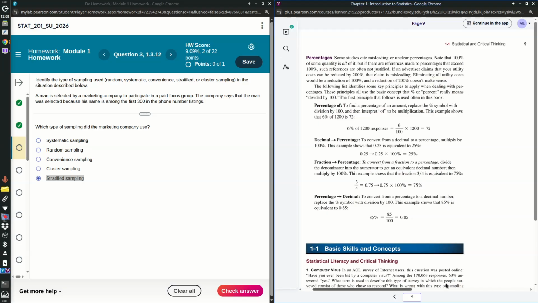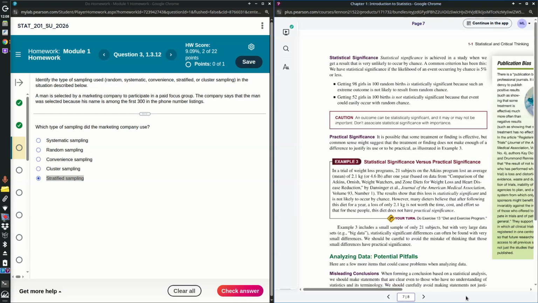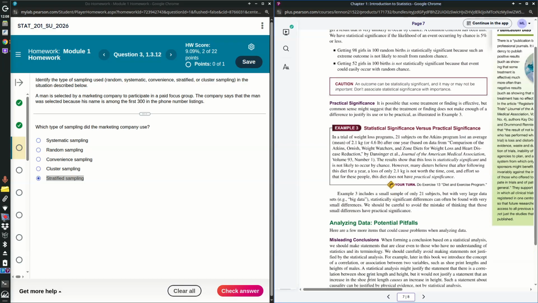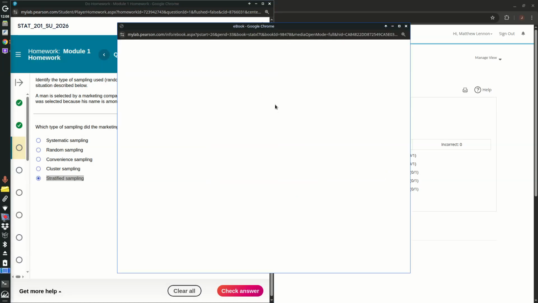So let's see if we can figure out where those different sample types are. So maybe it's in the next section. So let's go ahead and try to get more help and open the textbook and see if it gives us a different section.